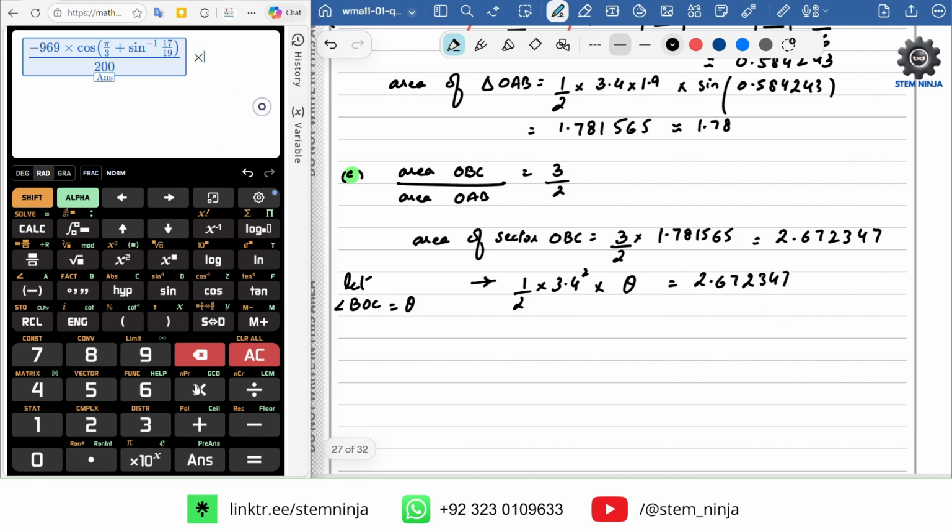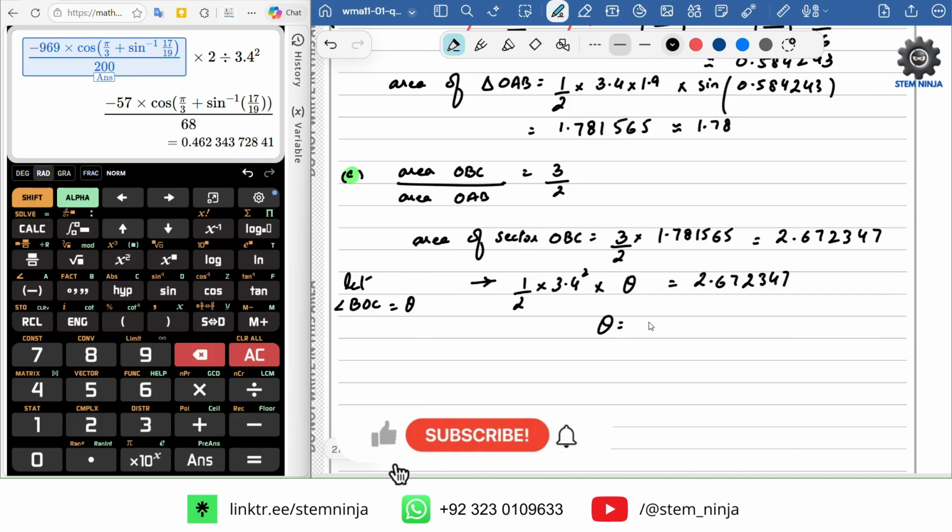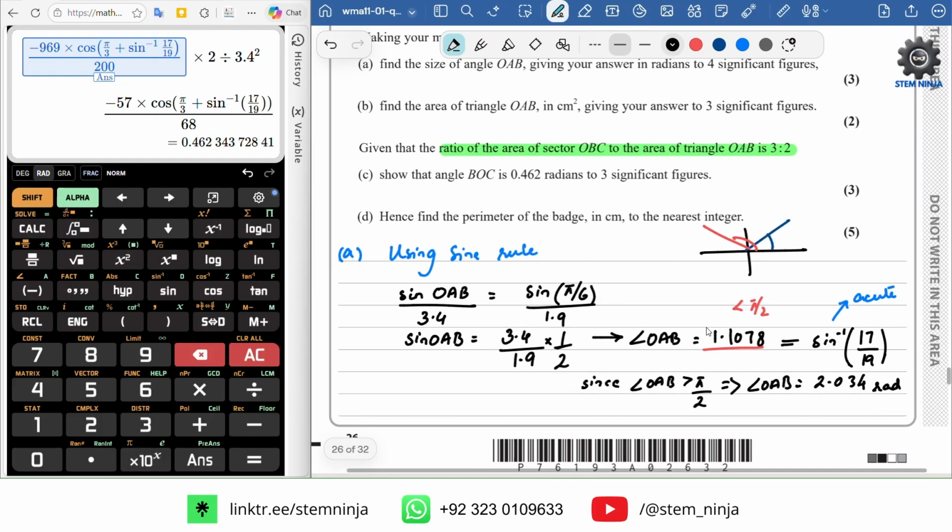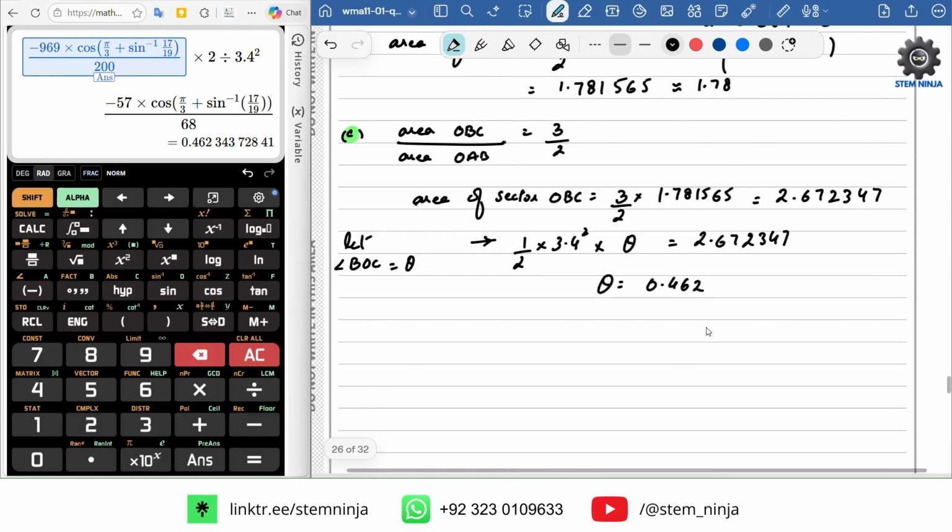So this times 2 divided by 3.4 squared, you get 0.462. And we needed this correct to 3 significant figures. So angle BOC equals theta, and this is in radians.